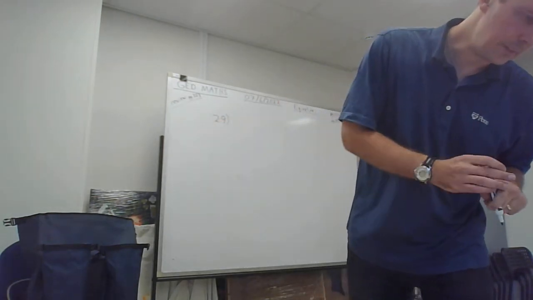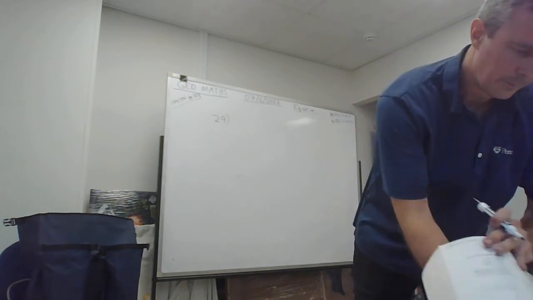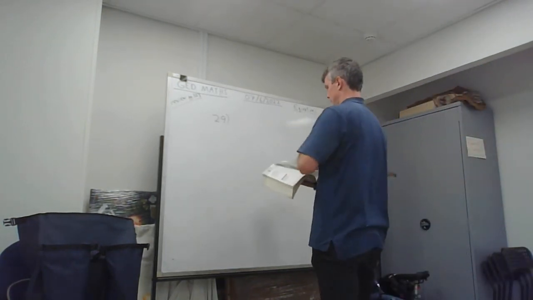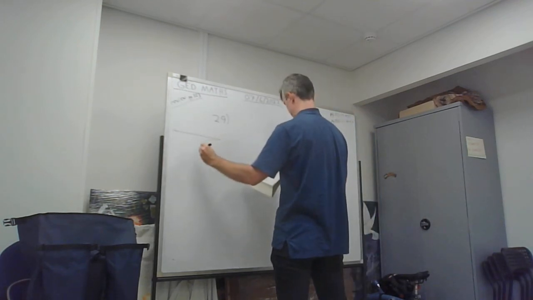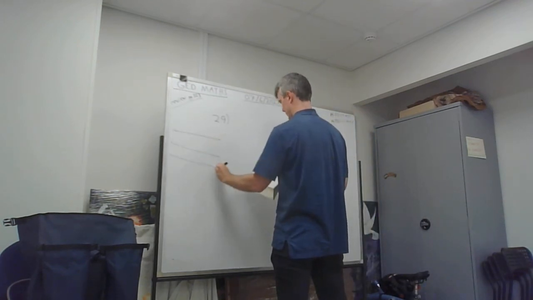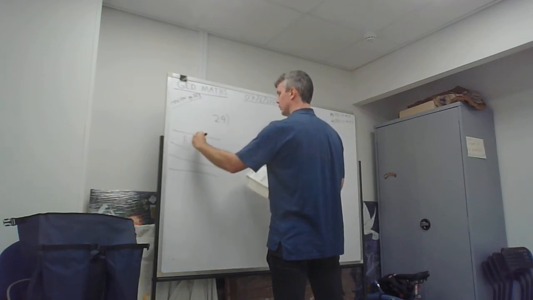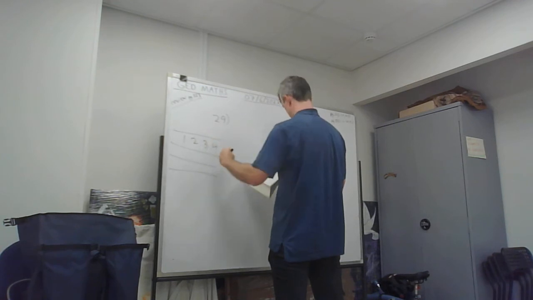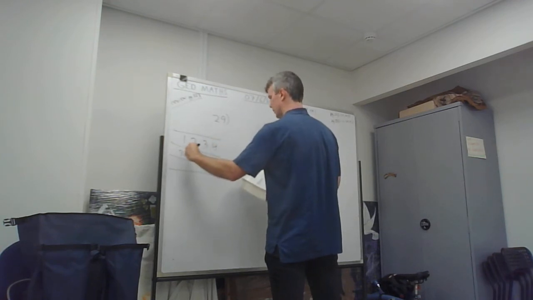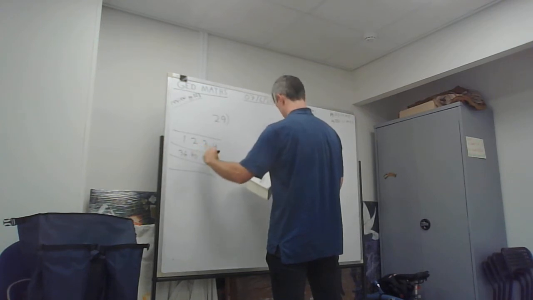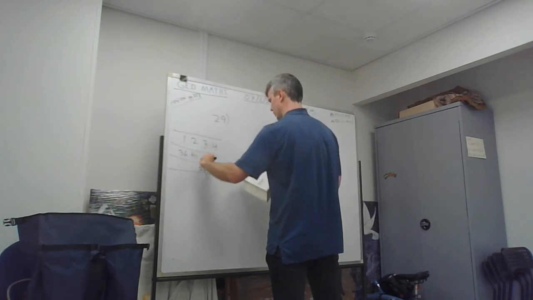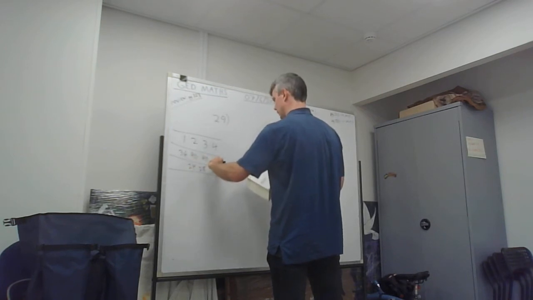The table is kind of like this: weeks 1, 2, 3, and 4, with 36, 40, 40 for one person, and 28, 4, and 38 for the other.